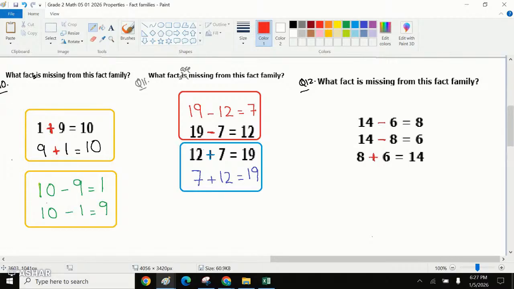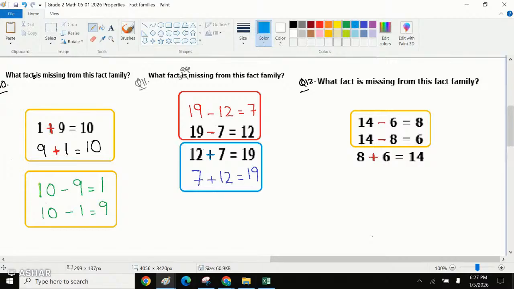If 14 minus 6 was 8 or 14 minus 8 was 6, that means they have given us both the negative statements, right? We don't have to worry about the negative statements. What about the positive? Yes, thank you.